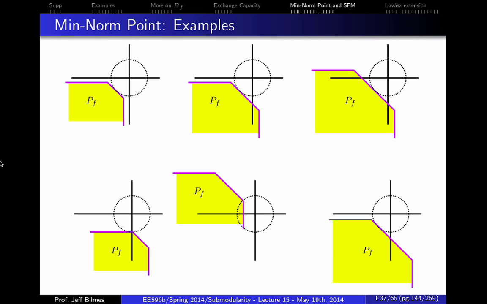So the minimum norm point in each one of those cases corresponds to the intersection. Here's the minimum norm point there, here's the minimum norm point here, and so on and so forth.